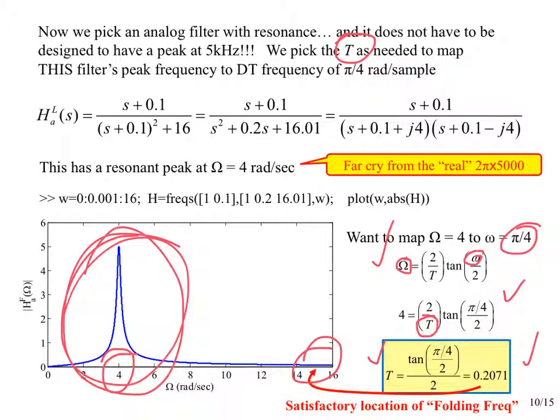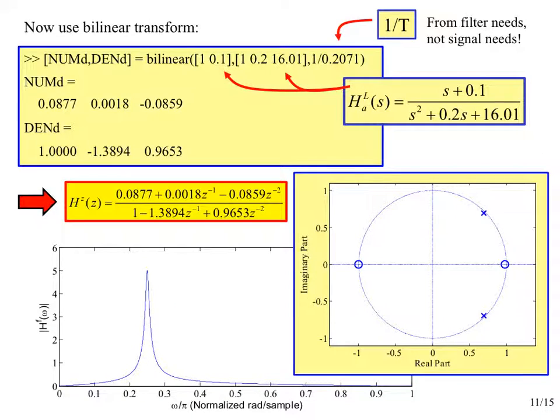So we now continue on here, go to the next slide, and we use our bilinear transform. So here are the two sets of coefficients from the numerator and denominator. We put in our 1 over T here, because remember the bilinear command calls for Fs, and it's important to remember we're picking that to be 1 over T from our needs for the filter, not 1 over T or our Fs for the needs for the signal.